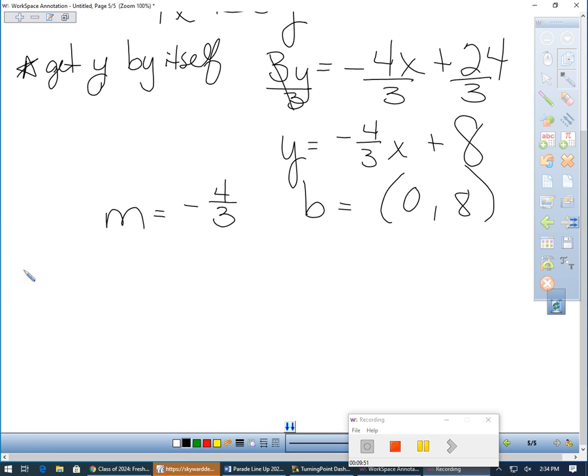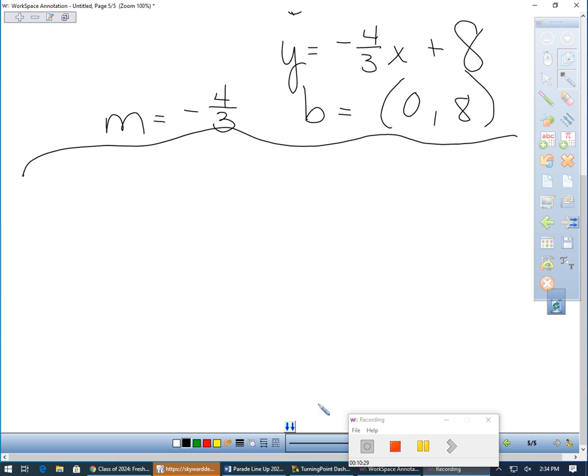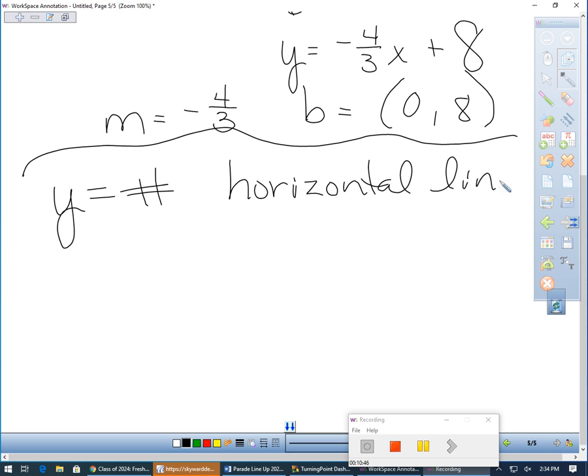All right. So here's a couple things I want to mention, okay? First of all, if you have y equals a number, doesn't matter what the number is, I want you to remember that this is a horizontal line. It's a horizontal line because it doesn't involve x at all, right?